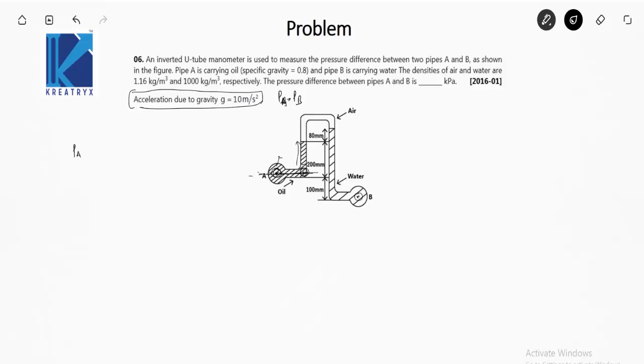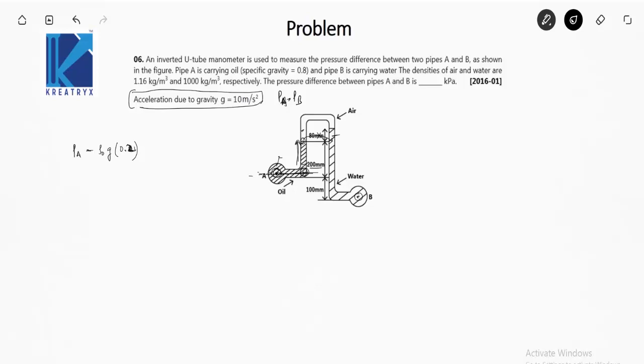Okay, now you move upwards. As you move upwards, the pressure will decrease by a value rho gh. So minus rho of oil g, and this h is 200 mm, so I am directly writing it as 0.2 meter. Now can you jump from this point to this point? No, you cannot, because this is air and this is water.